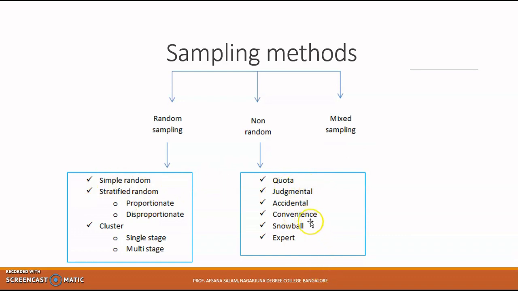One is convenience: as per your convenience, you send the data to everyone, and then you do a second level of clustering the data, or you stratify depending on the age group. When you are filtering like that, it becomes your mixed sampling.